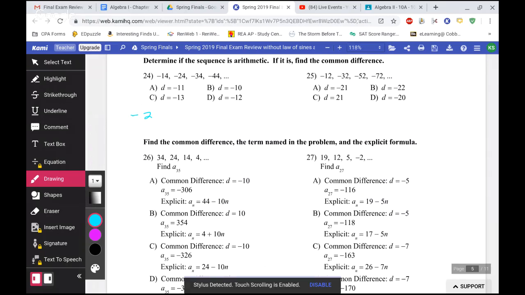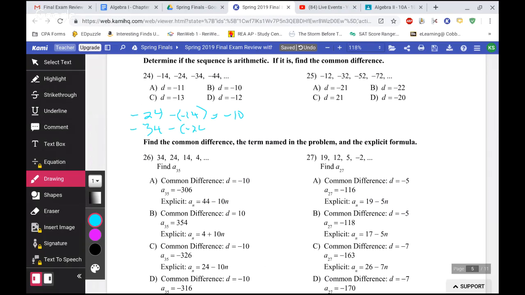So negative 24 minus a negative 14 is going to be negative 24 plus 14, which is going to be a negative 10. And then negative 34 minus a negative 24 is going to be negative 34 plus 24, which is also a negative 10. So it is, in fact, arithmetic, and the difference is negative 10.